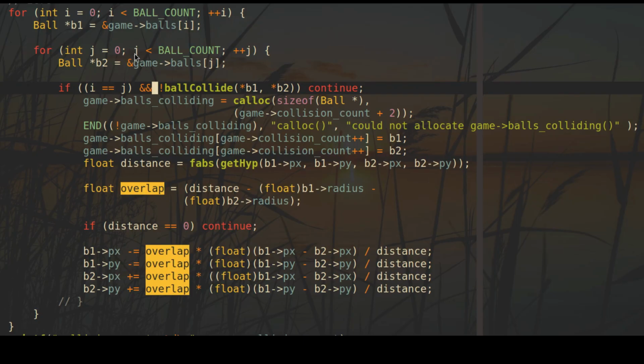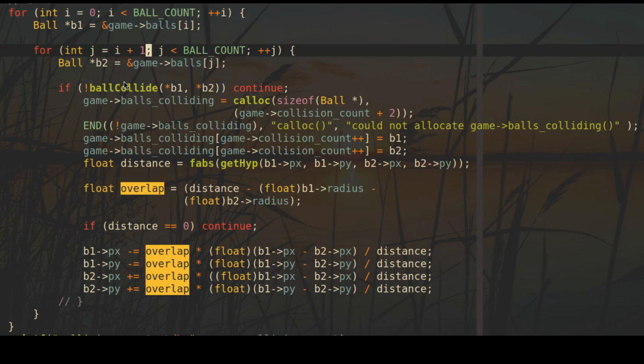But anyways, the reason why I don't do this is so that i and j aren't the same values, so you're not comparing the same exact ball. The problem with this is you still are going to compare the same exact ball when you loop through things like this. What might be better to do is what I did, like this. And that way you won't compare the same 2 balls more than once.